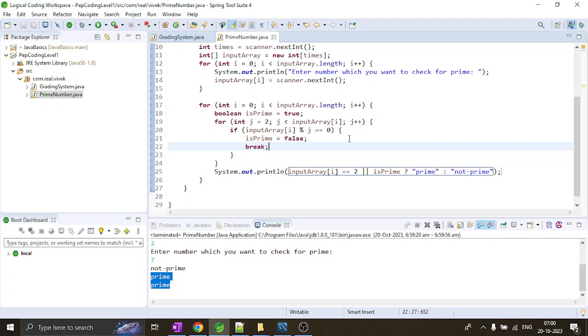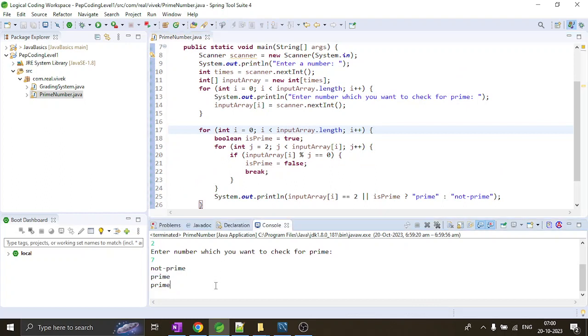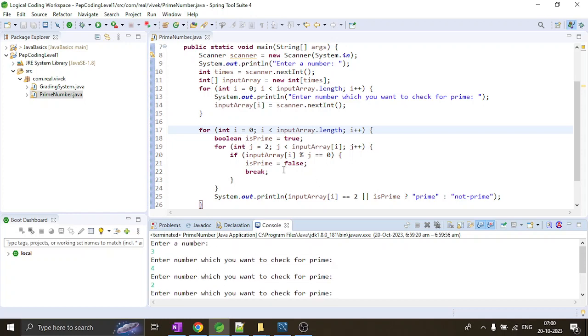Okay, so this was the brute force approach that we followed here, right? So let's now try to optimize this. So let's first try to calculate the time complexity that we have here. Let's say I input the array size, like I want to check if 100 numbers are prime or not.